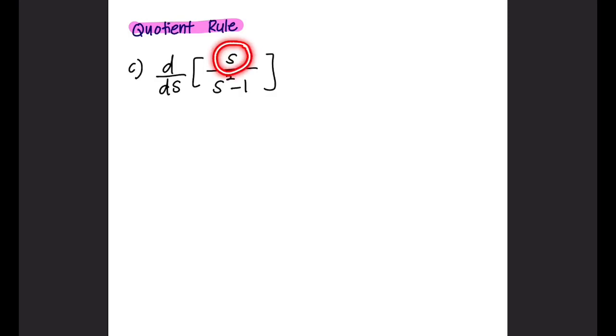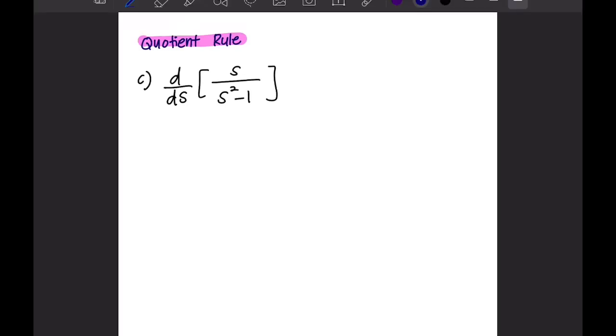If you have a function of s on top, you must do the quotient rule. To do the quotient rule, we have the formula. Let's say y equals u over v. So y prime, the derivative of y, you will get (v u prime minus u v prime) divided by v squared.